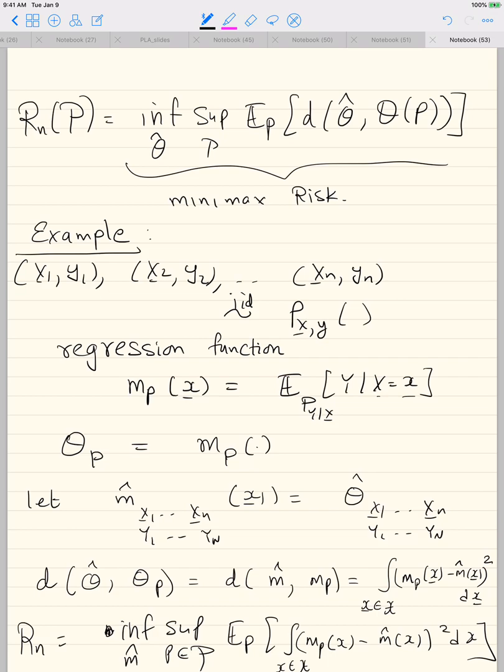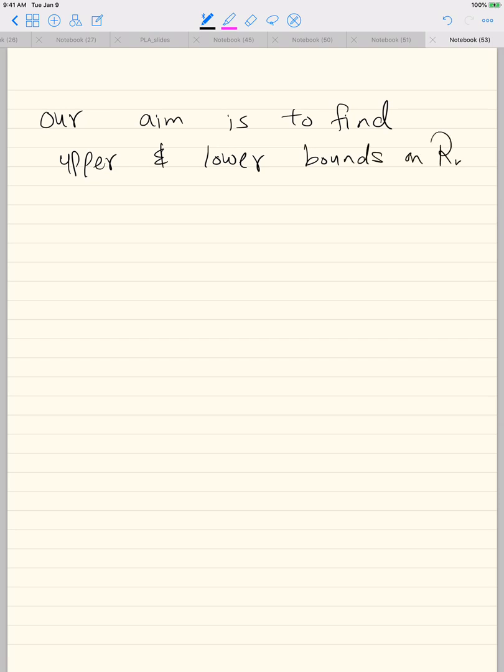So if this quantity is small, or what we want to do is, given this quantity, what people often do is to find, so we want to show that Rn of P is upper bounded by some un and lower bounded by ln.